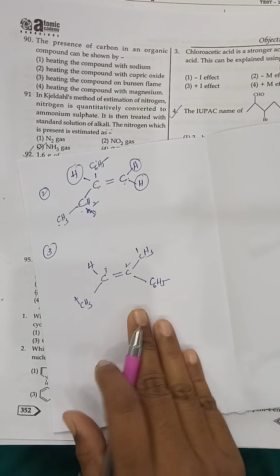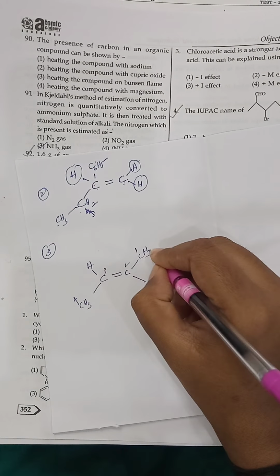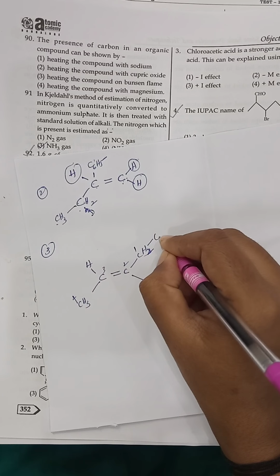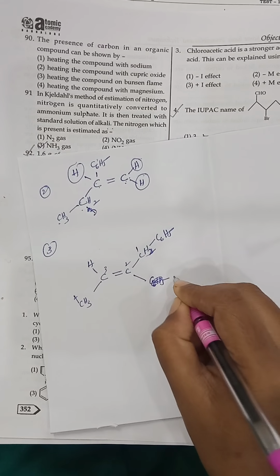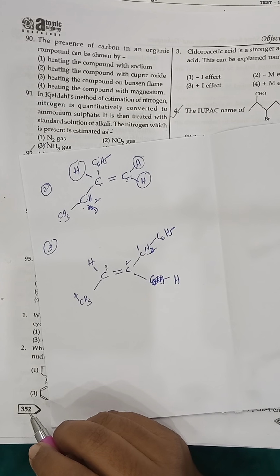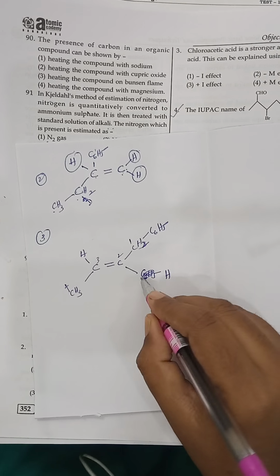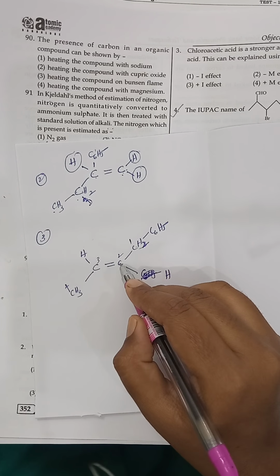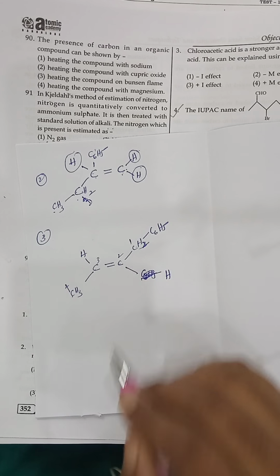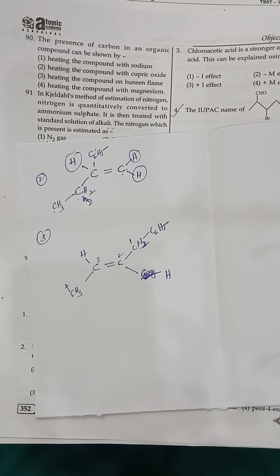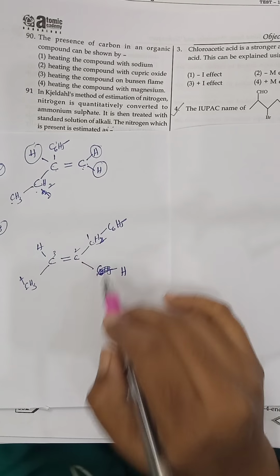CH2 C6H5, and here hydrogen. 1 2 3 4. So 1-phenyl 2-butene. Okay, this is 1-phenyl 2-butene.